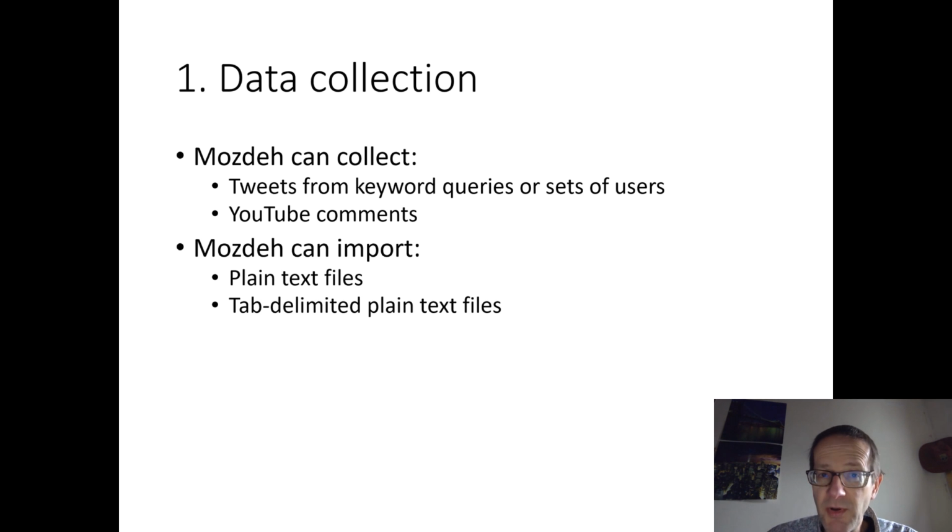It can also import any plain text files, any set of plain text files, or any set of tab delimited plain text files. So most sets of texts, unless you got them in a very strange format, you should be able to convert them into plain text files, and then Mozdeh can read them in.